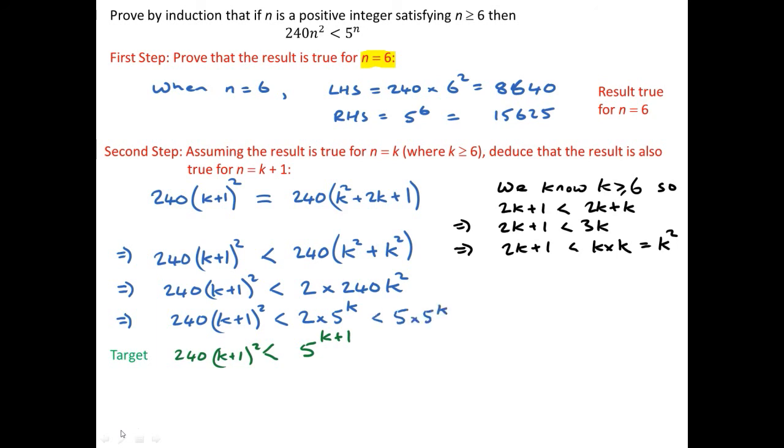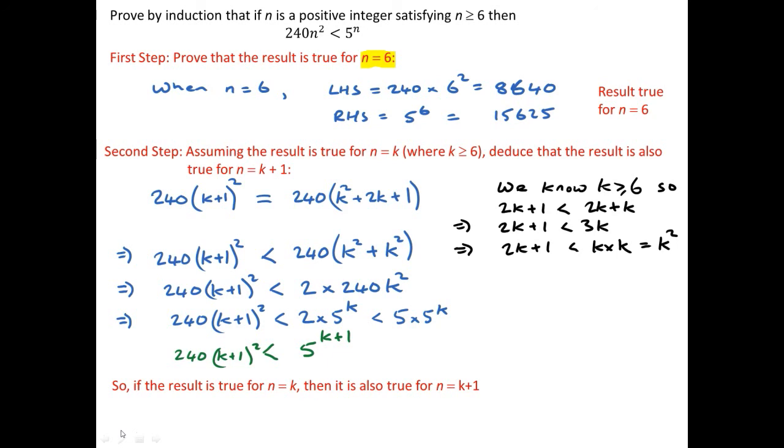But 2 lots of 5 to the k is definitely less than 5 lots of 5 to the k, which is 5 to the k plus 1. In other words, we've got 240 times (k plus 1) squared is definitely less than 5 to the k plus 1. So we've obtained our target result.